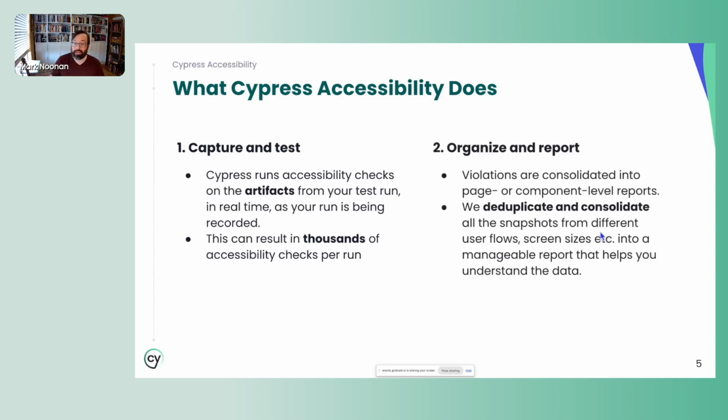And then Cypress takes this other step of organizing and consolidating all of these reports that are generated based on your Test Replay data, which sees all the variations of your application as your tests move through it. And so this is how it comes to the default list of pages and views in your report and where all the rules come from as well, where you click a rule and you see any violation of that rule from anywhere in the application.